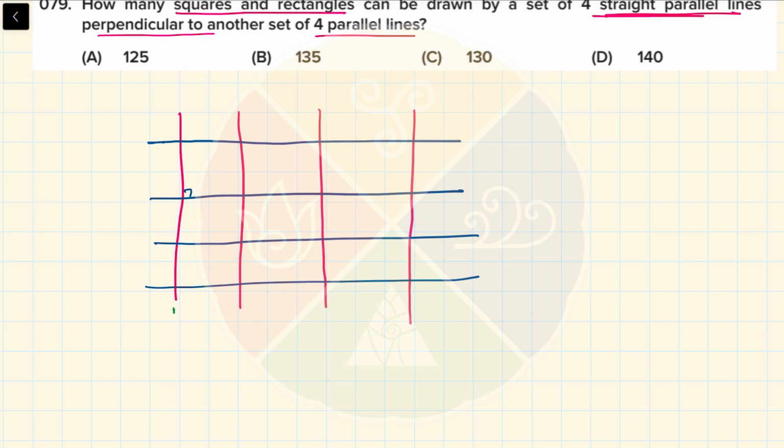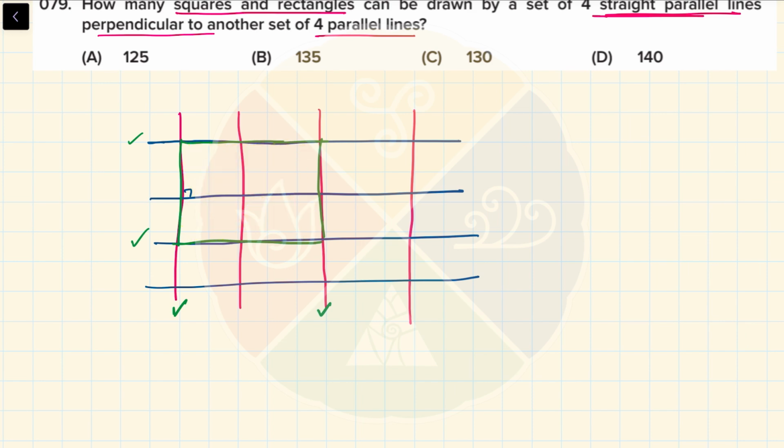Imagine I select one this and one this from this side, and one from here and one from here. So this line I have chosen, this line I have chosen, or in the vertical dimension I have chosen this, I have chosen this. So this is the quadrilateral which I drew because of that.